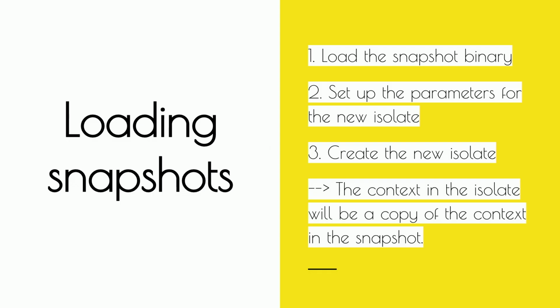So when the runtime and the NativeScript application starts, if we see such snapshots, we load them. We do not tell V8 to parse and compile the JavaScript. We load the snapshots. And this is really, really faster than parsing and compiling the JavaScript at runtime.